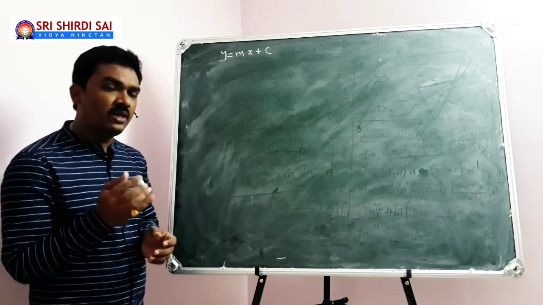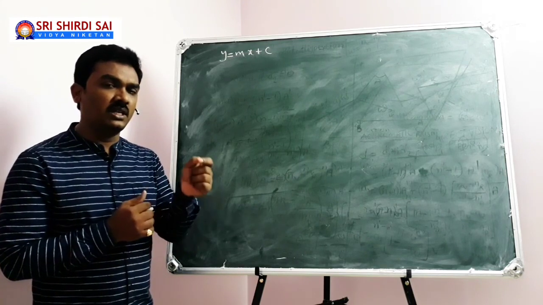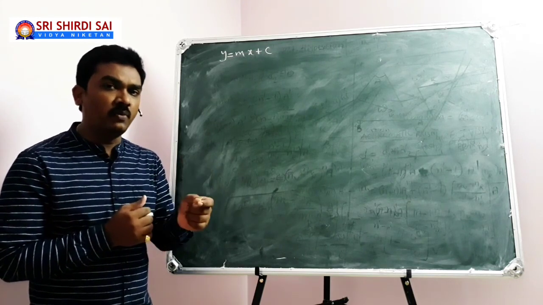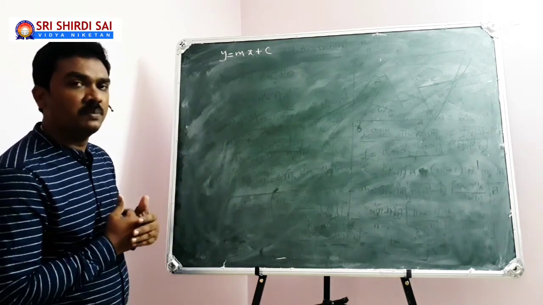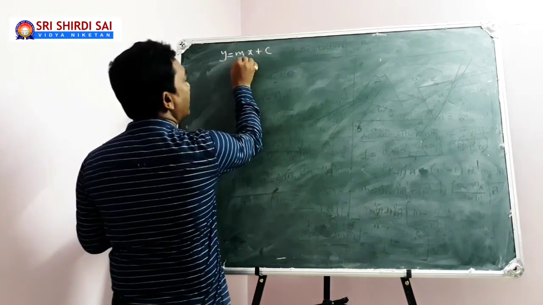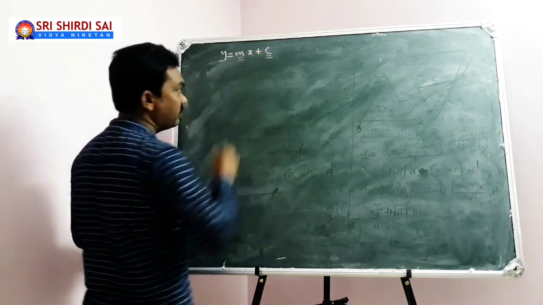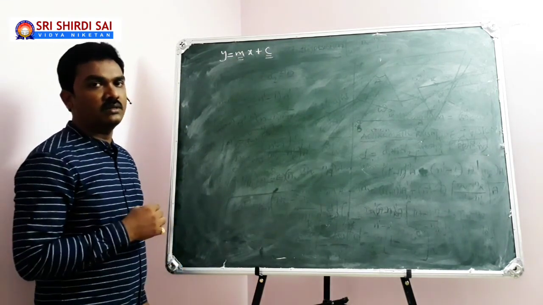But when the graph is a straight line, the slope remains constant at any point on that line. Yes, y equal to mx plus c represents a straight line with constant slope m and y-intercept c. But this line will not pass through the origin.